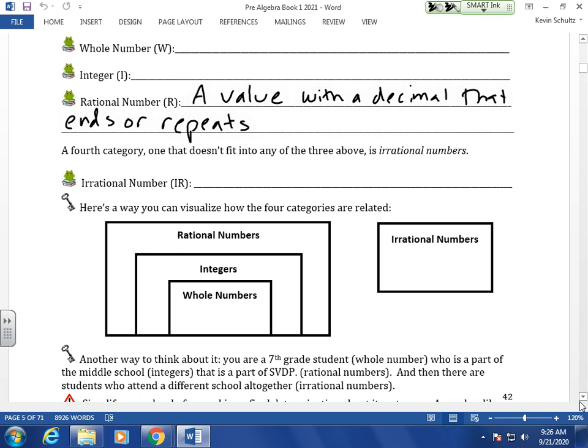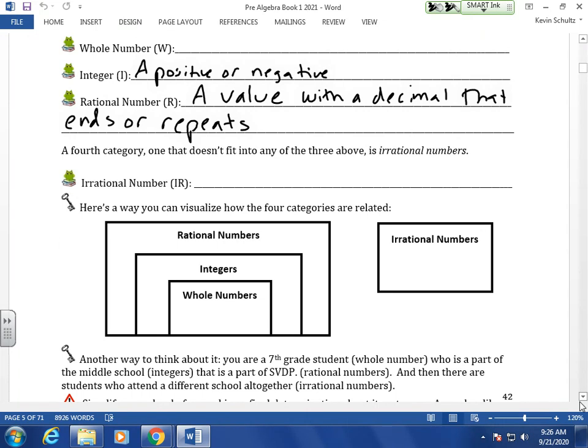It can be negative. Yeah, it can be a negative number. So an integer is a positive or negative. It can be either.